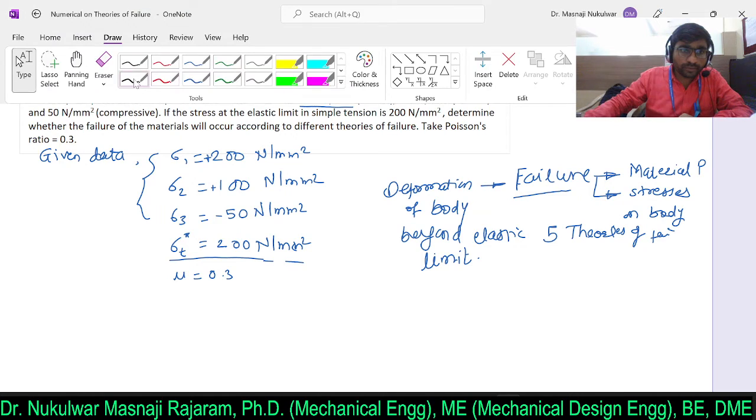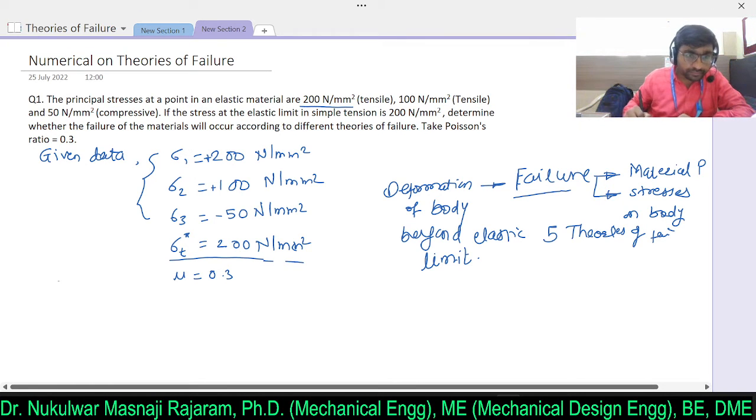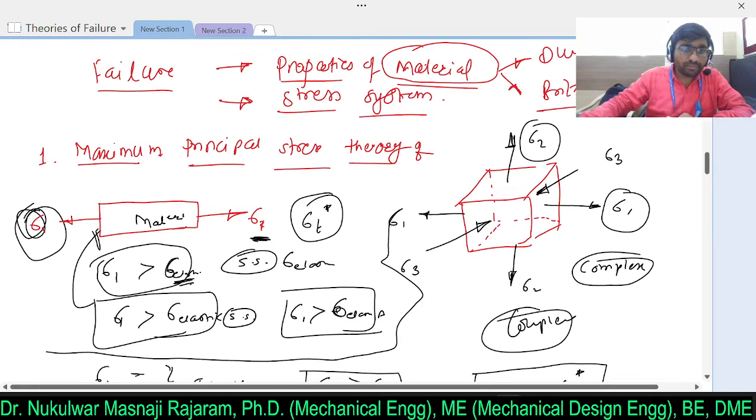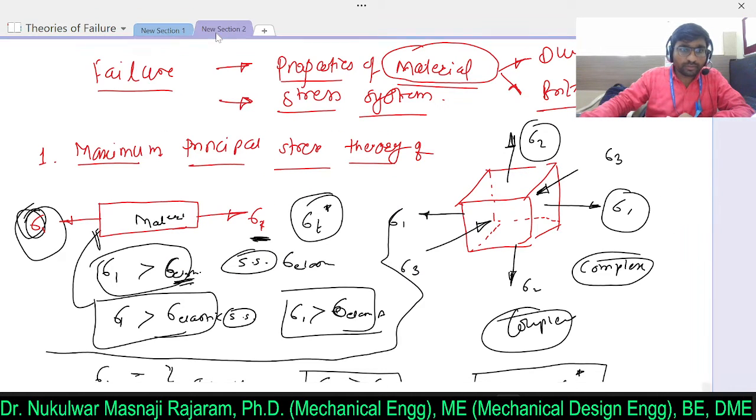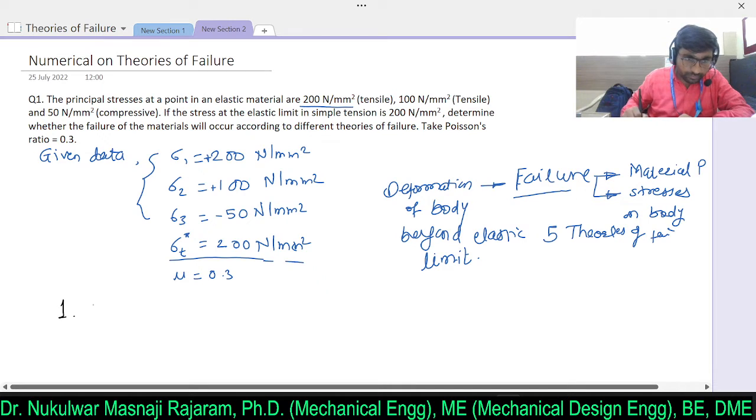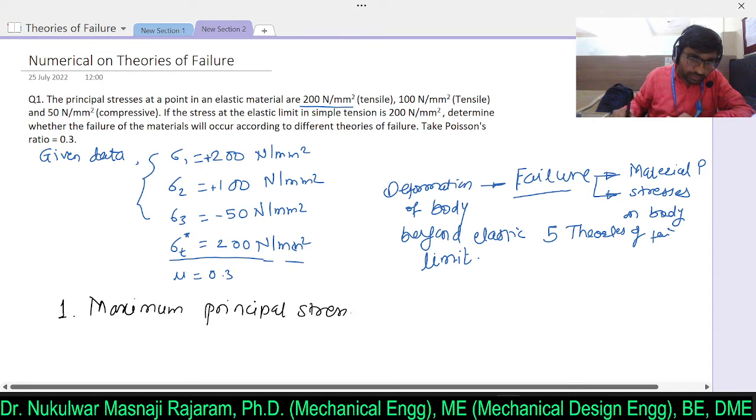First, we consider the maximum principal stress theory. Clear?